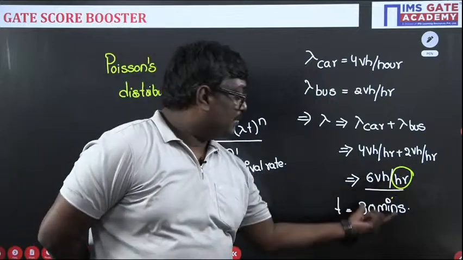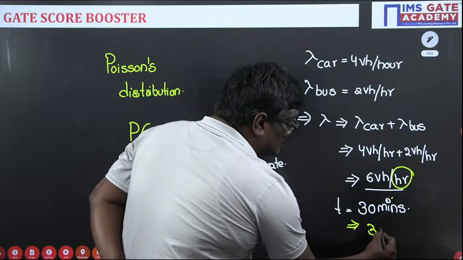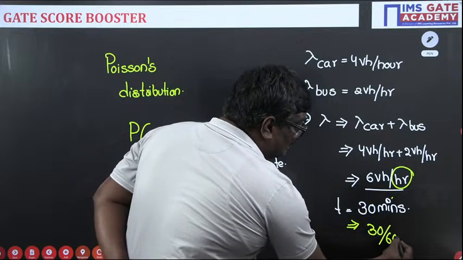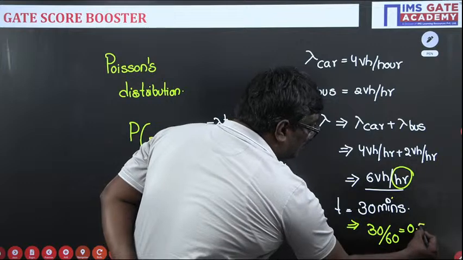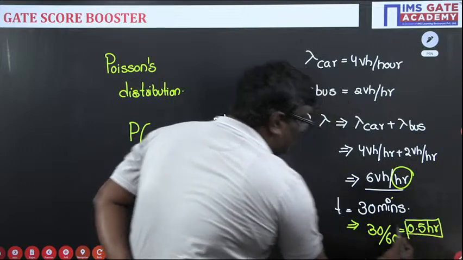Here it is in hours, but the time is in minutes. So convert into hours. 1 hour is equal to 60 minutes. So 30 divided by 60 will be equal to 0.5 hour.